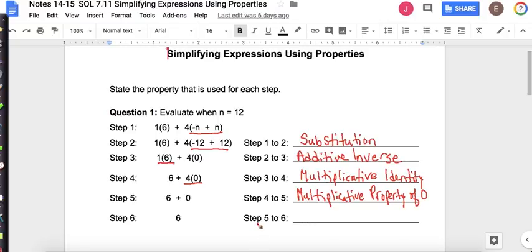And now I have to justify step 5 to step 6. So notice 6 plus 0 was replaced with a 6. So anytime you add 0 and you get the same number, that is the additive identity.